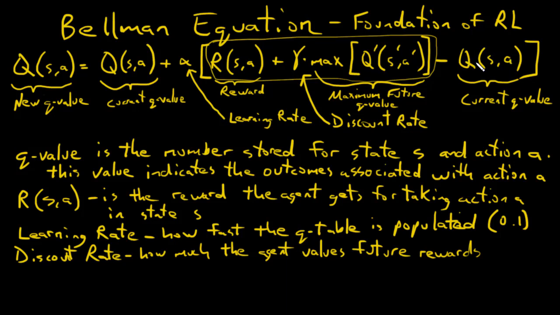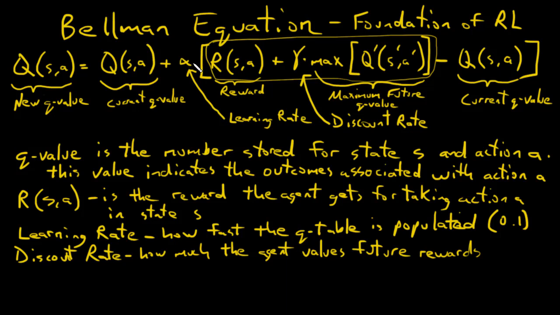By subtracting off the current Q value, I wind up getting the change only. So what this is going to do is update the current value with the amount of change that will occur for a specific action times the learning rate.